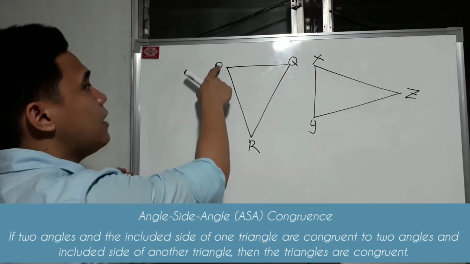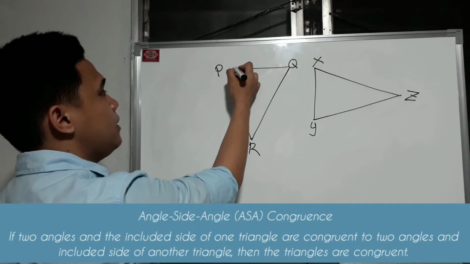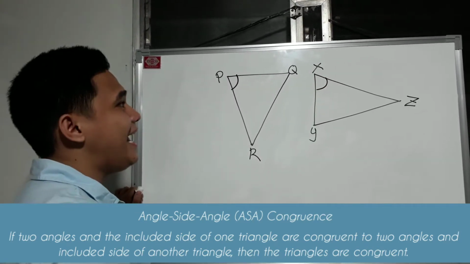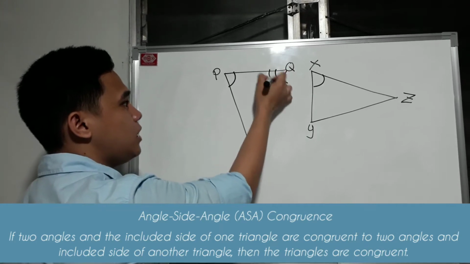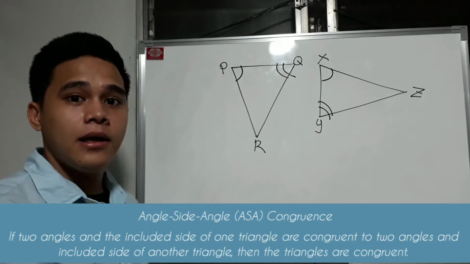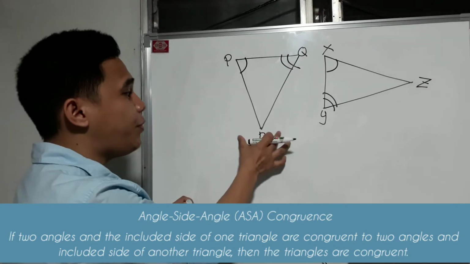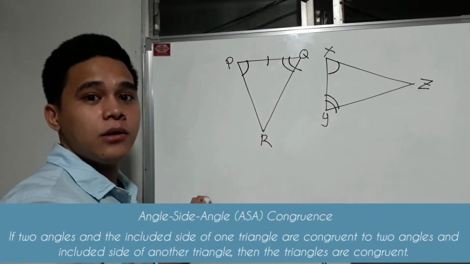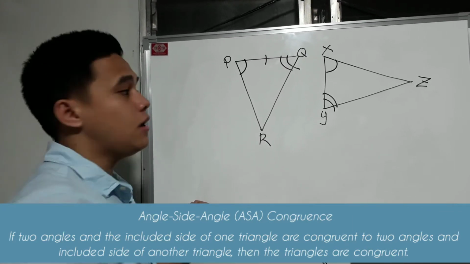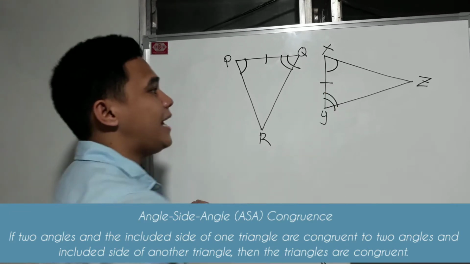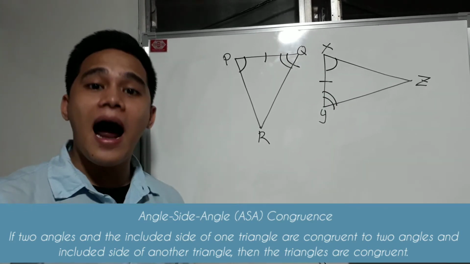So if angle P is congruent to angle X and angle Q is congruent to angle Y, and the included side of this first triangle, which is PQ, is congruent to the included side of this second triangle, which is XY, then these two triangles are congruent.